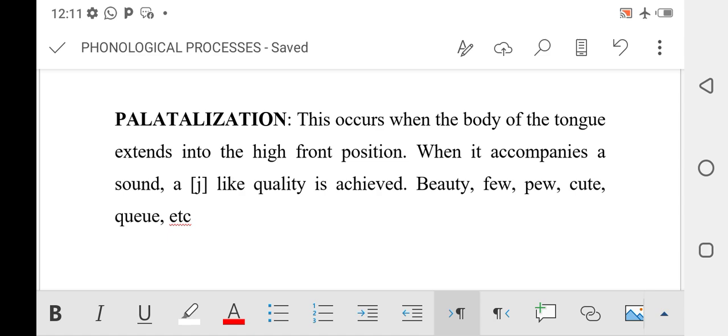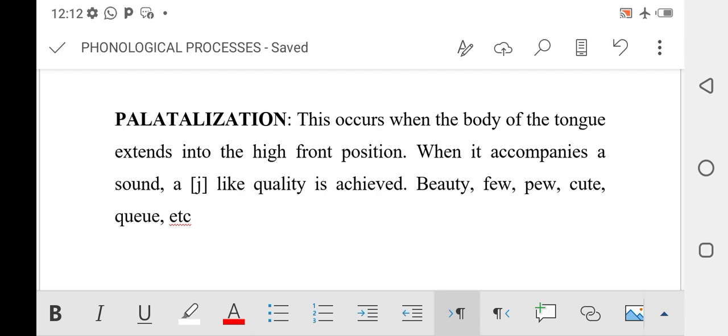Now, this E-A-U, the E-A, which are normally vowels, have now been converted to the semi-vowel here. And that semi-vowel here is a palatal sound. Okay, it is a voiced palatal approximant.